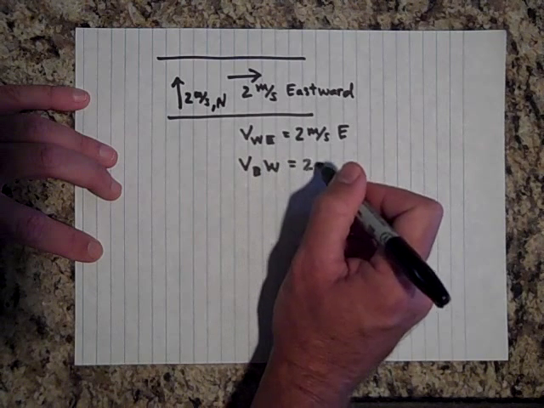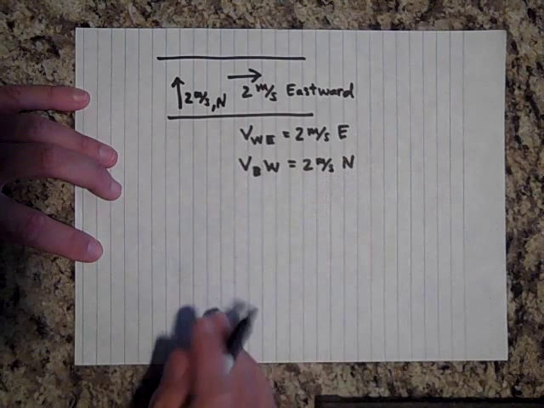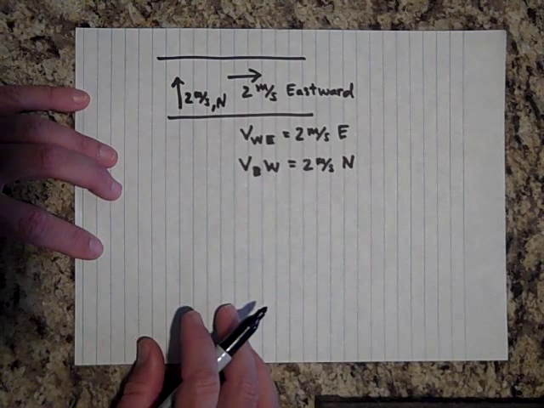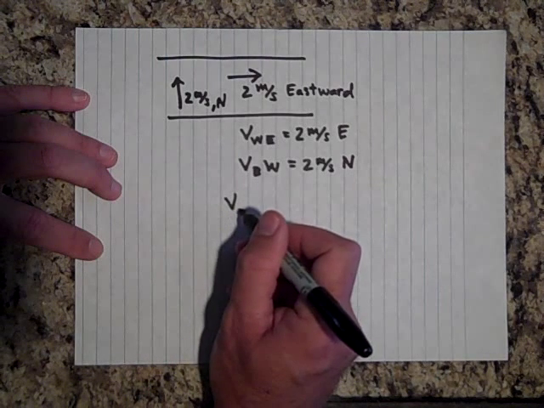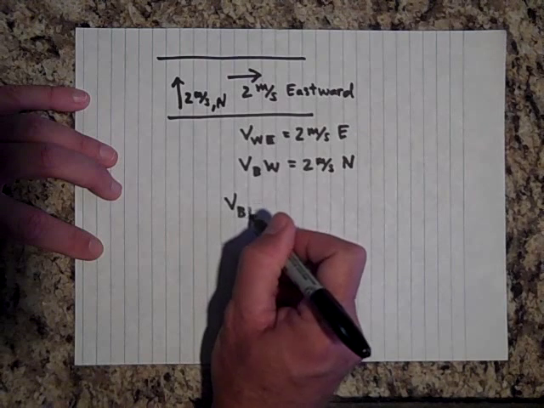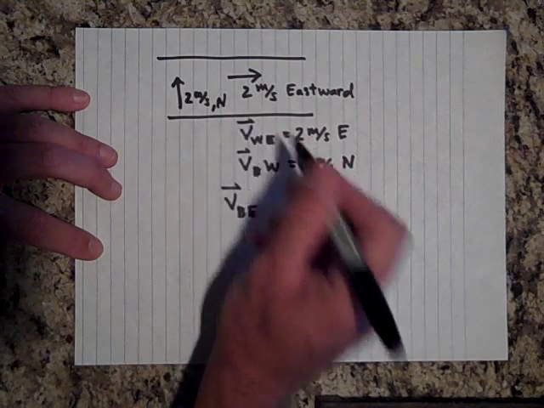And that's 2 meters per second northward. Okay, well, supposing you wanted to know what the velocity of the boat would be relative to the earth. Put some vectors on these.